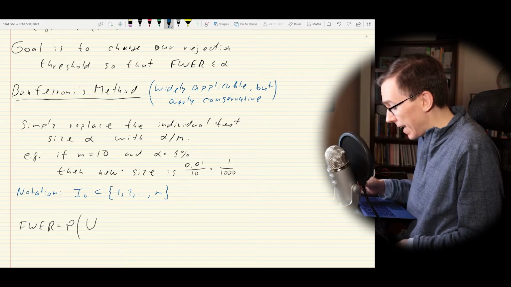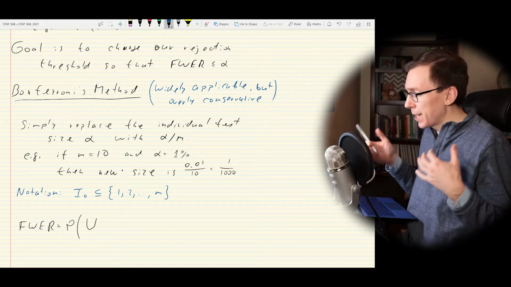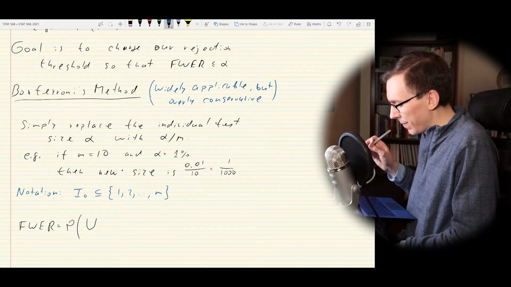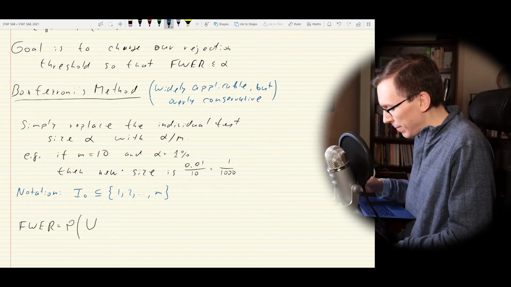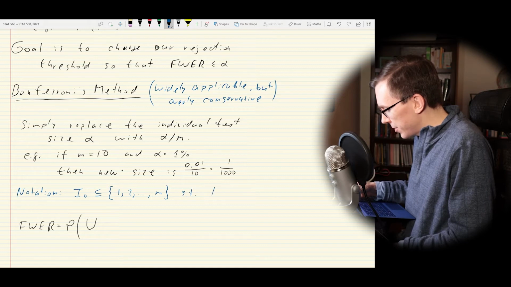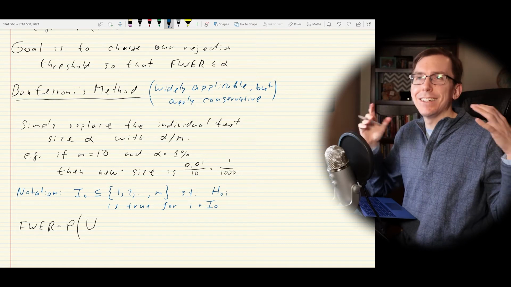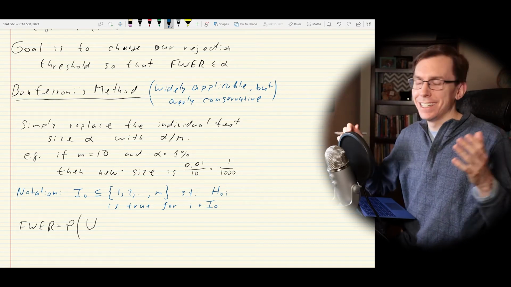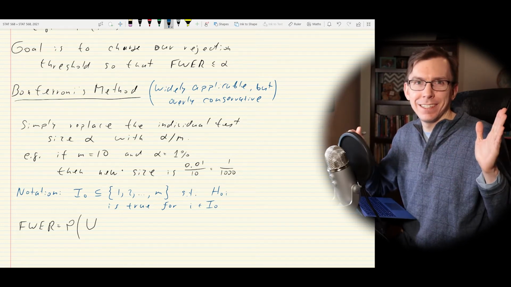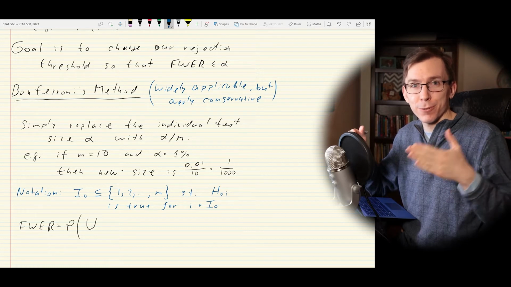I guess it could be the entire set, or it could be a proper subset of that finite collection of integers, such that H naught i is true for i in I naught. So basically I naught is the set of all the indices for the nulls that are true.